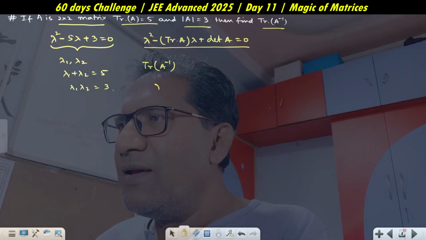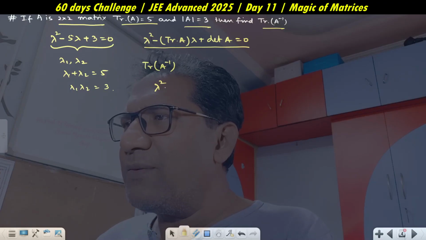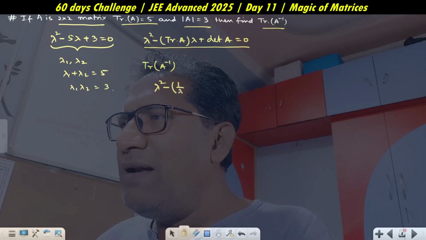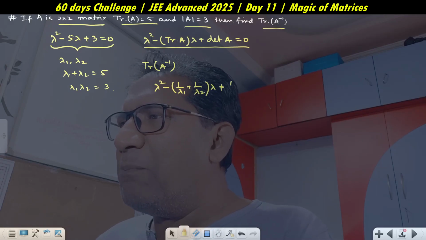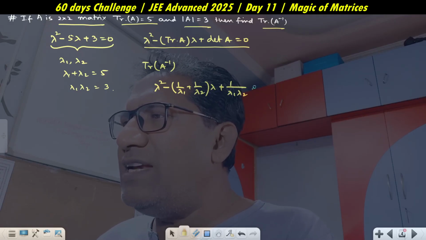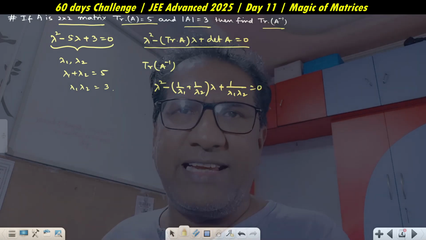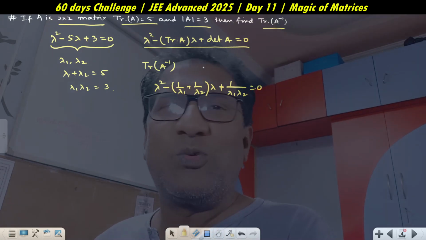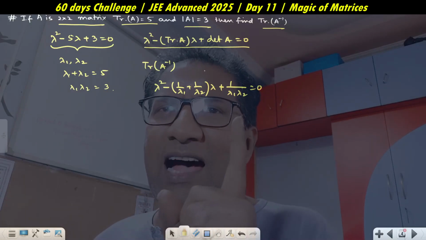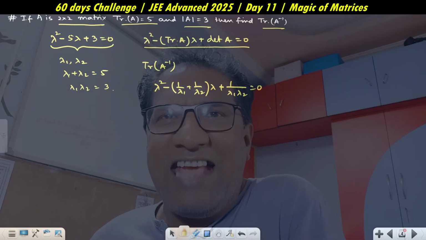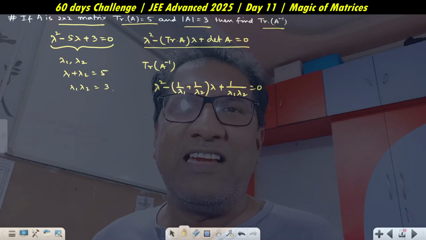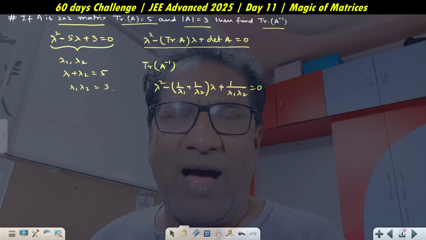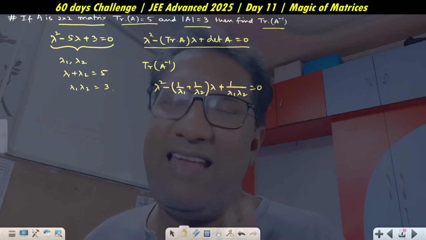It is lambda square minus (1 by lambda 1 plus 1 by lambda 2) into lambda plus 1 by lambda 1 into 1 by lambda 2 equals to 0. Am I correct? Why? Because we know that if the matrix A has eigenvalues lambda 1 and lambda 2, then A inverse has the eigenvalues 1 by lambda 1 and 1 by lambda 2.